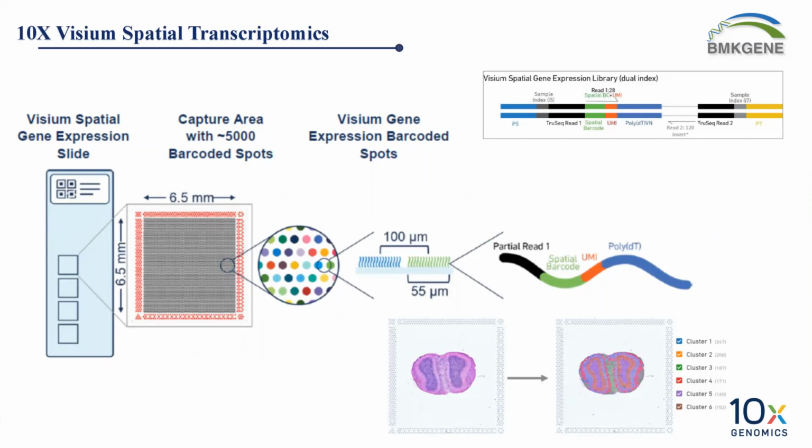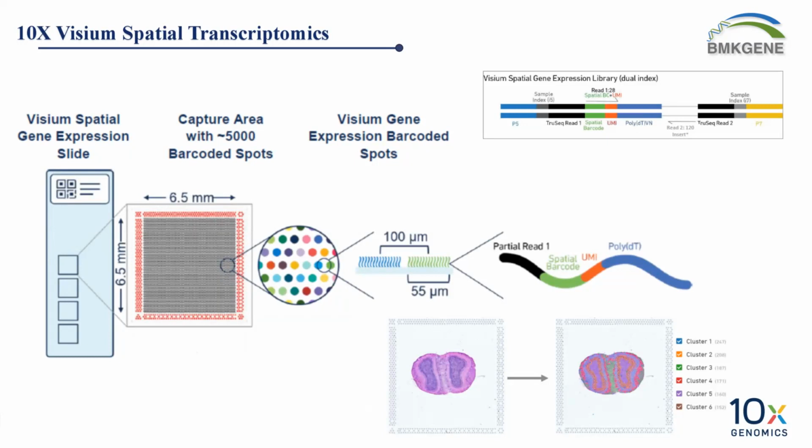This is the slide of 10x Visium, which has 4 capture areas, each with a size of 6.5 millimeters by 6.5, with many probes on top of the capture area. For each spot, the diameter is around 55 micrometers, and the distance between centers is around 100 micrometers. This is what we call the resolution of a spatial transcriptome study.